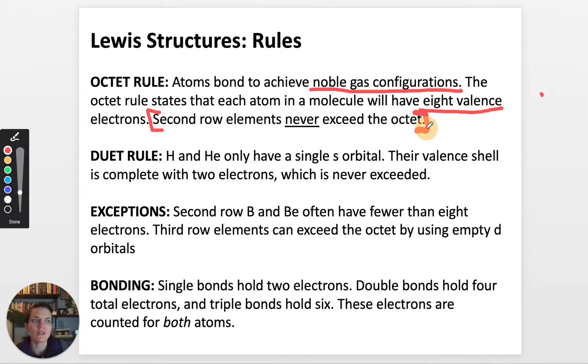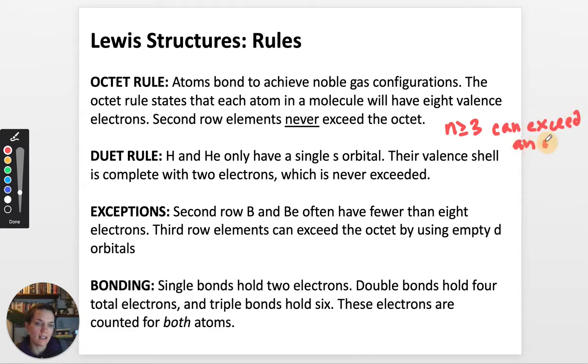Just know that if you're at n equals 3 or more, so let me just rewrite that. If it was n greater than or equal to 3, it can exceed an octet by using empty d orbitals.